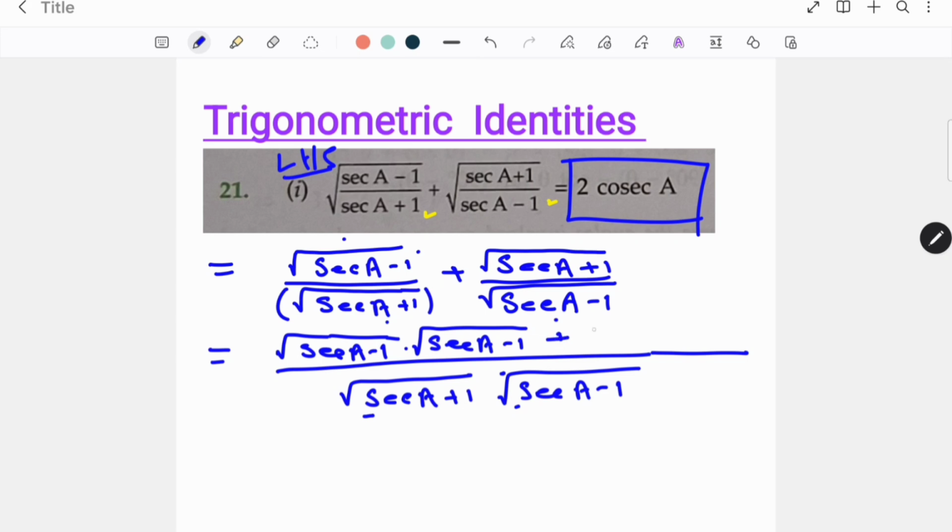Same way on this side, the sec A minus 1 is there, so we'll be multiplying with this quantity here. It will be sec A plus 1, again sec A plus 1, under the root, so we can make sec A plus 1 whole square also in the same step, though we are going to do it in the next step.